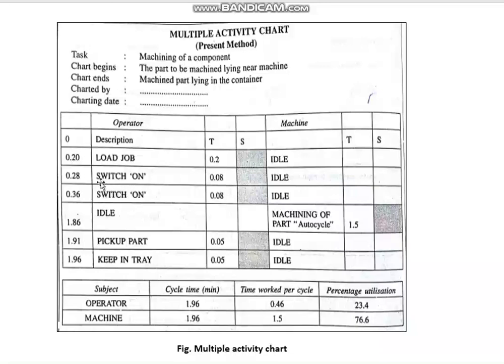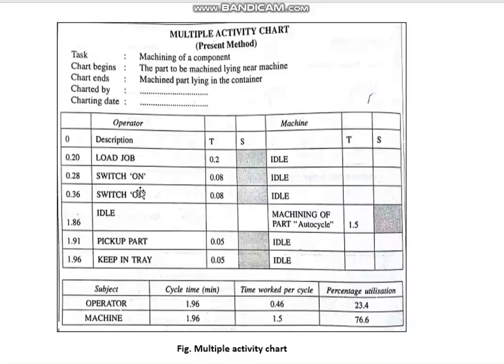Starting with 0, we came to 0.20, and by the time he switched on the machine the cumulative time came to 0.28 minutes. This is also shaded, and the machine is idle, so it is blank.